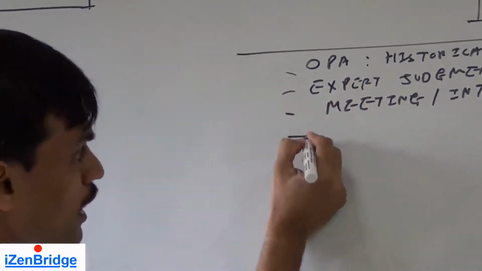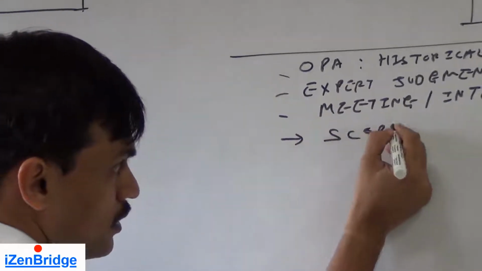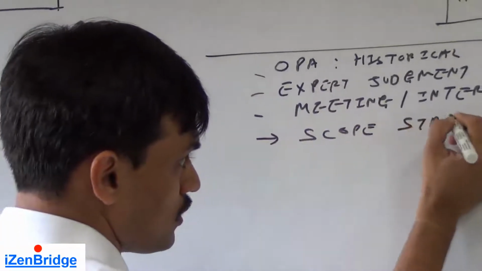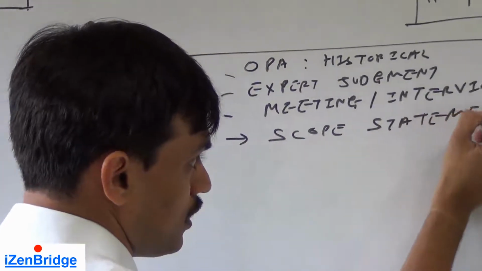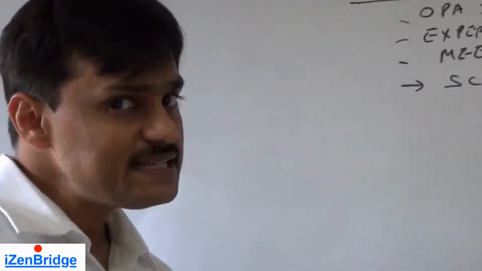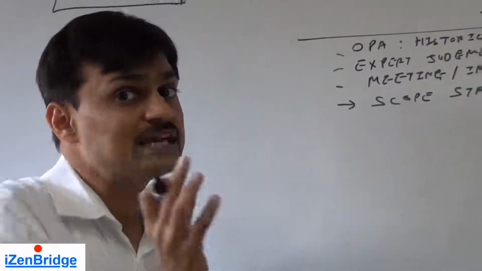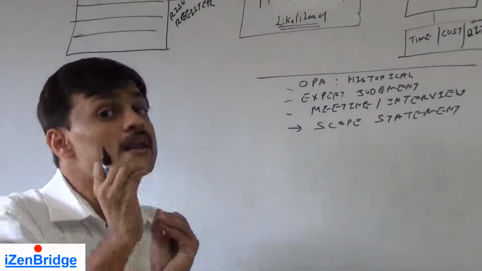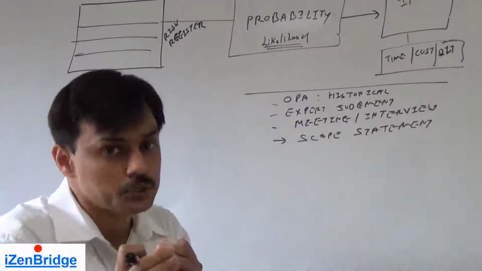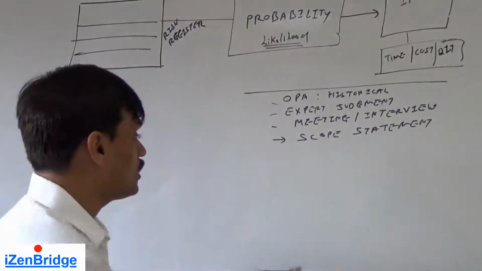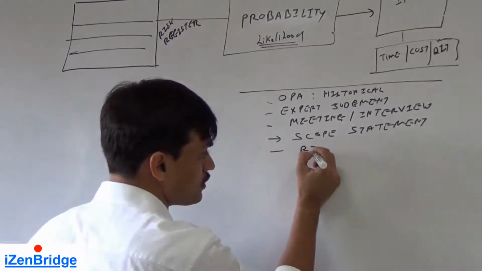We can also look at the scope statement. And once we know that this risk is most likely to happen, how do we give a number to it? How do we get a rank for it? That is defined in our risk management plan.